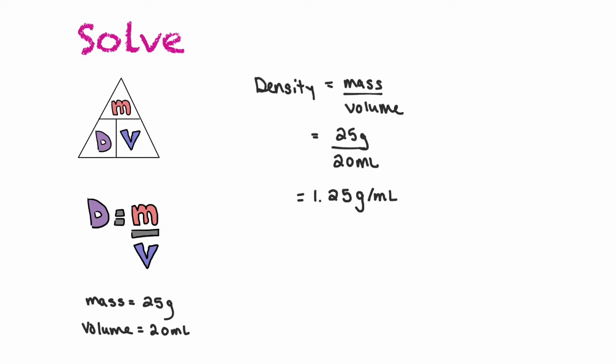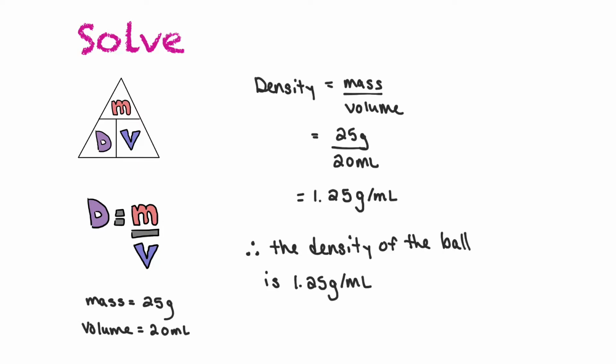And that's the density of our ball. So therefore, the density of the ball is 1.25 grams per milliliter.